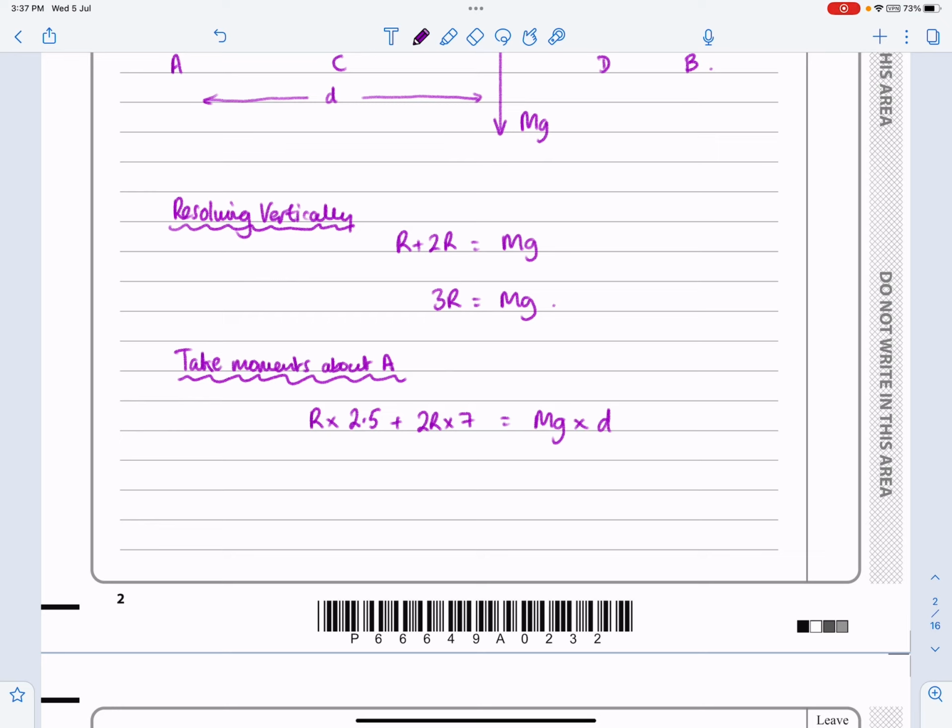And now I can use that information here and substitute it in there. So it's going to be nice and easy to work this one out. It's the first question of a paper, shouldn't be overly complicated.